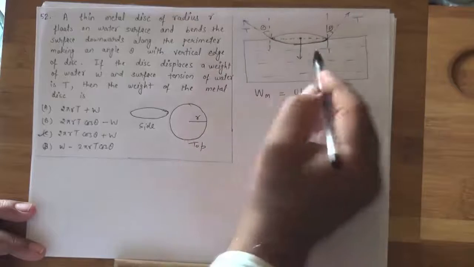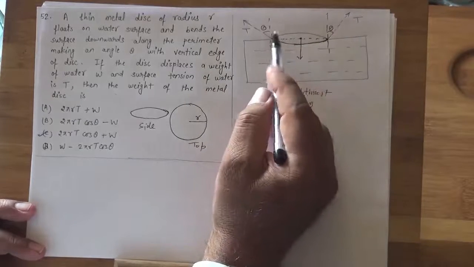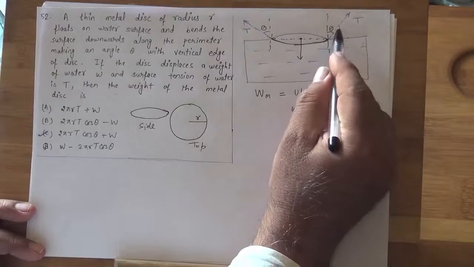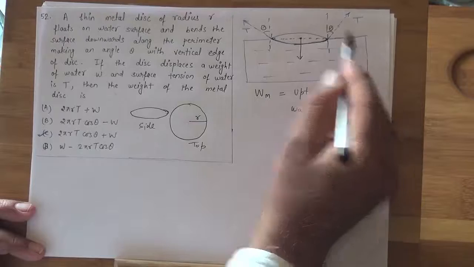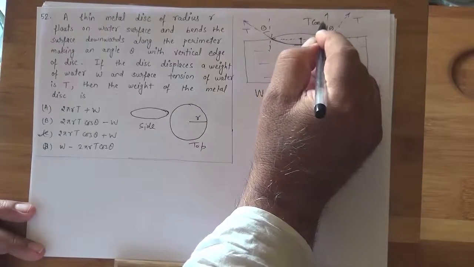We call it surface tension. If this is surface tension on both the sides, then it has two components: T sin theta on this, and this component is T cos theta.